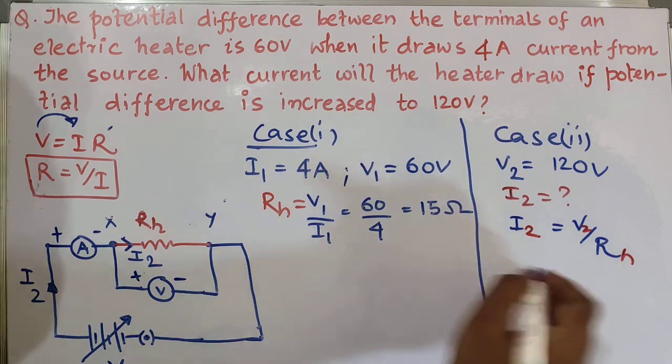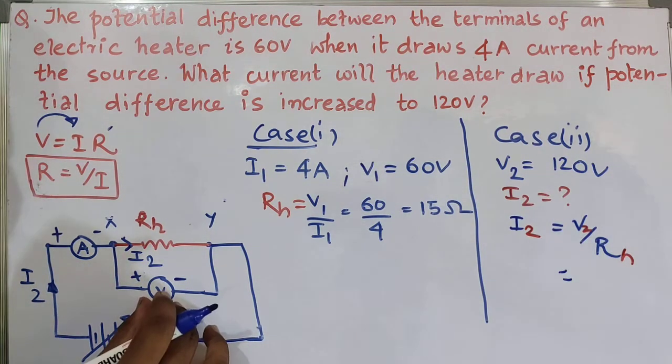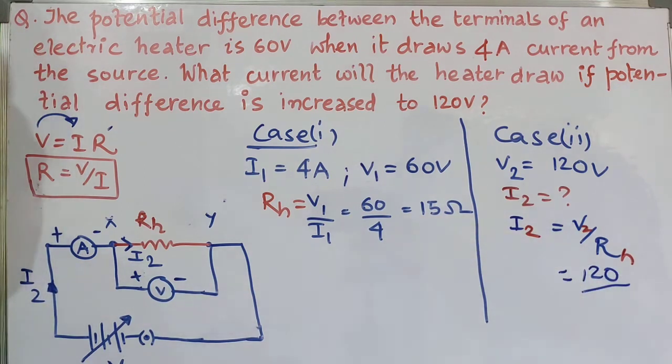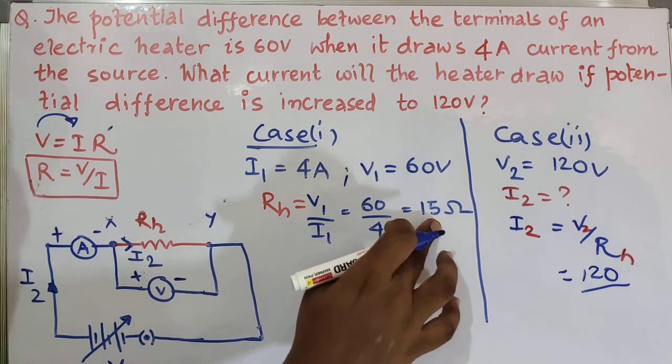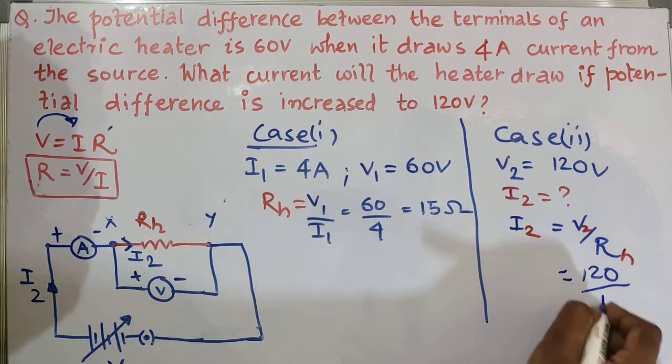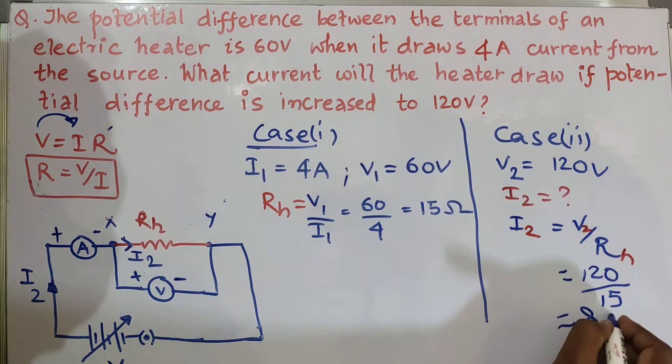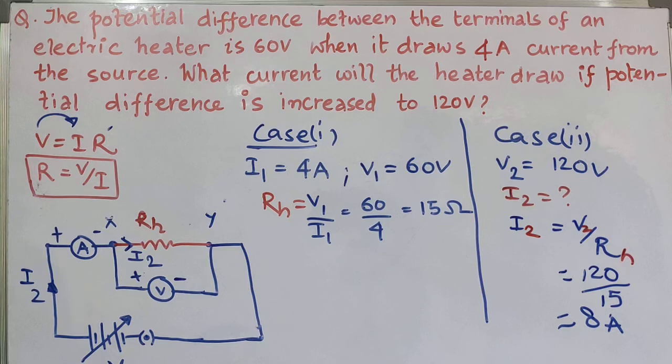How much voltage can I see across the voltmeter? 120 volt. And what is the resistance? We have measured it from case 1, so 15. 15 4s are 60, 15 8s are 120. So it is going to be 8 amperes.